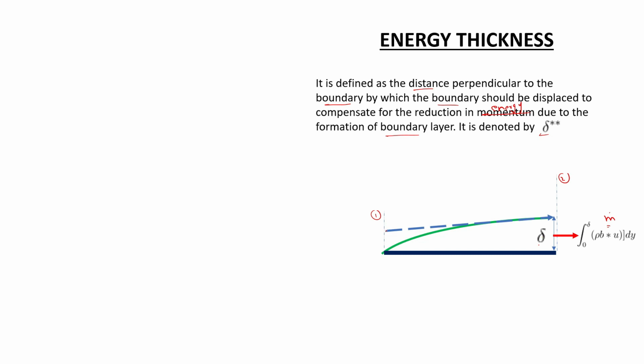And we have already seen that the streamline gets slightly shifted upward to compensate for the reduction in mass flow rate. So this is rho b u dy, and the same mass is flowing through here.